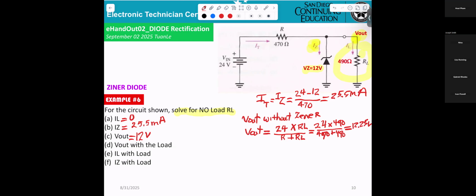Okay, perfect. So V out with the load equals 12.25.